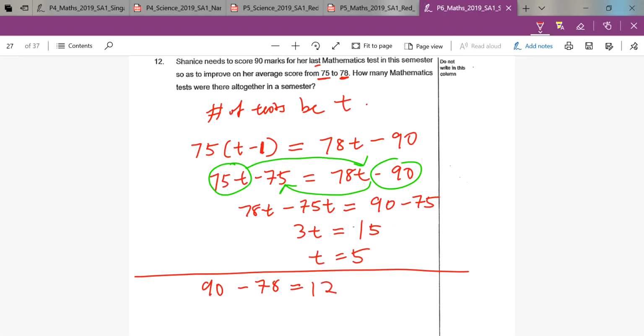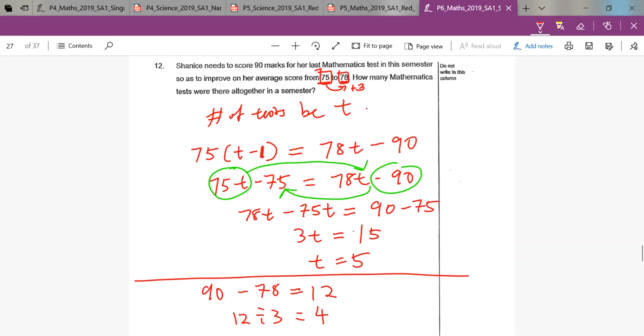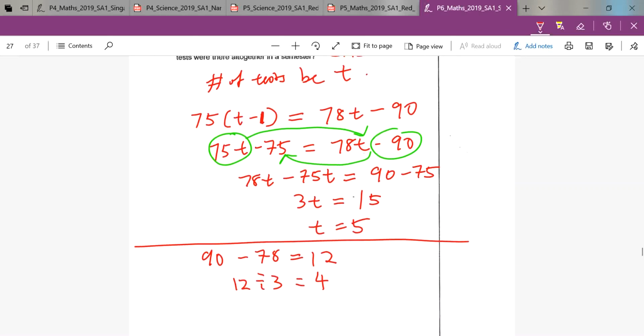Lost in inverted commas, so you will lose about 12 marks, right? And from 75 to become 78, you improve by how much? By 3, right? So this 12, you divide by 3, you will get 4, okay? 4 of the tests. 4 plus the very final test will give you 5, alright?